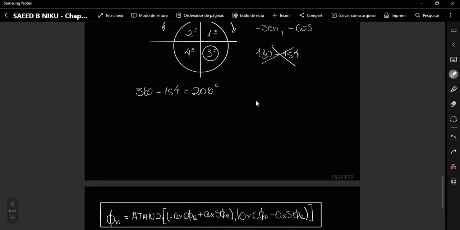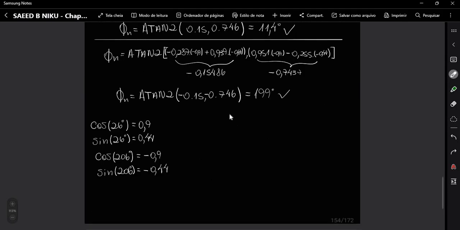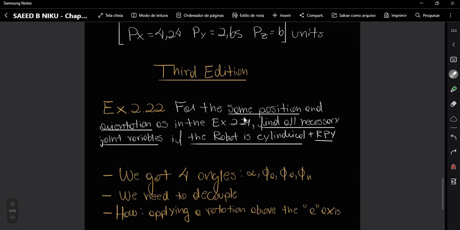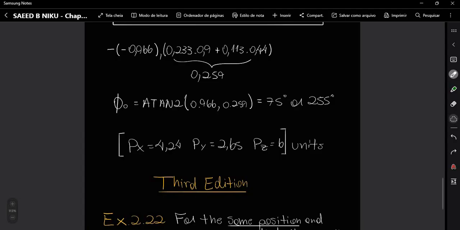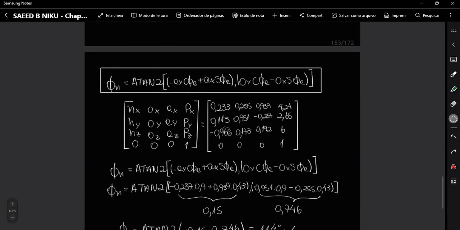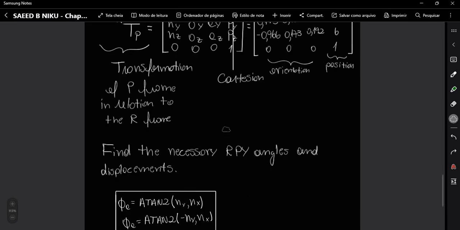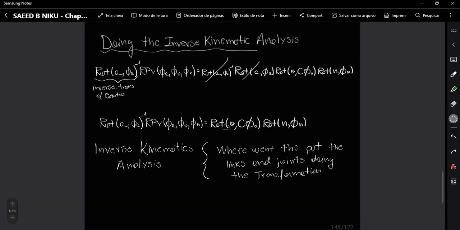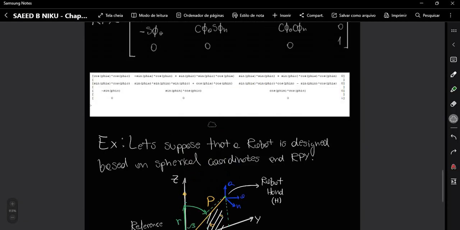Okay, and in this video, what we will do is the same process, but using the matrix of the cylindrical coordinate system. So let me find this matrix, the matrix of the cylindrical coordinate system.